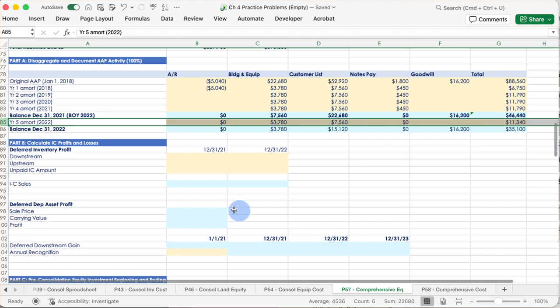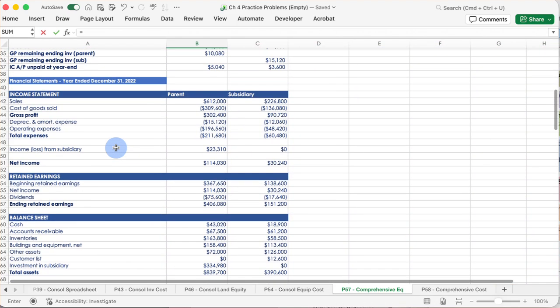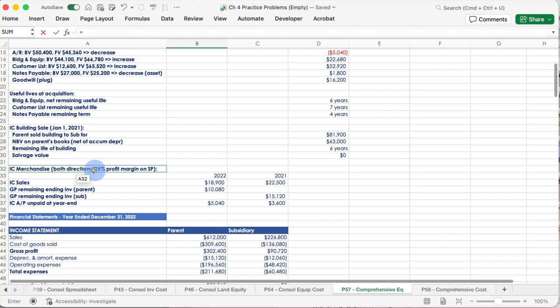Then we're going to come down and calculate the intercompany profits and losses that have happened. First we'll start with the deferred inventory profit. Downstream, we'll come back up here and grab it. We're looking at the year 2021. Let's see here. Oh, okay, this 25% profit margin is what I was missing from the data.